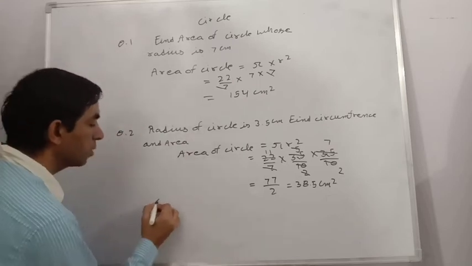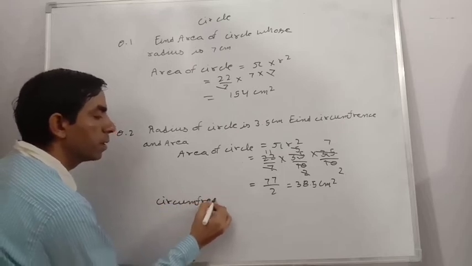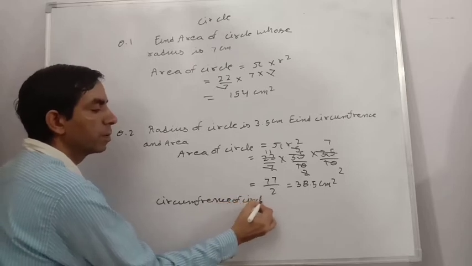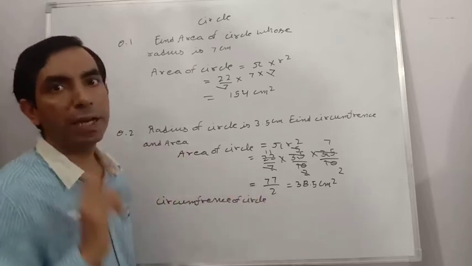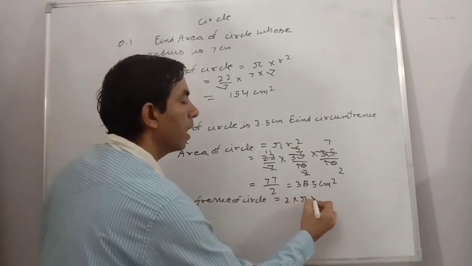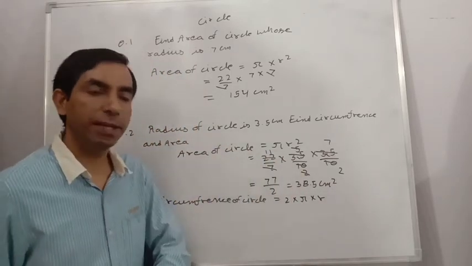Next, circumference of circle. Circumference of circle is 2 pi r. So multiply 2 pi r. Always remember that pi is the fixed value and r is the radius.